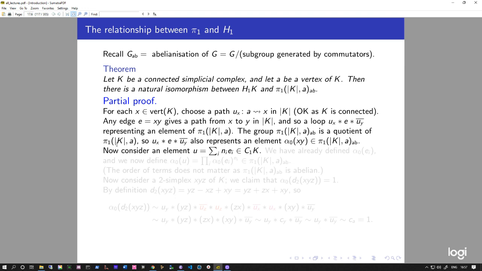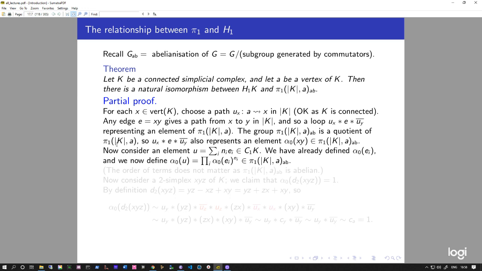Okay, so now suppose we've got a general element of the group C1K. Remember, C1K is essentially the free abelian group on the edges. And so we've already defined alpha 0 of Ei for each of these edges, and we're going to define alpha 0 of u to be the product of alpha 0 of Ei to the power Ni.